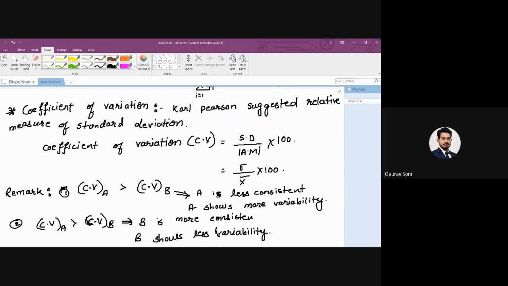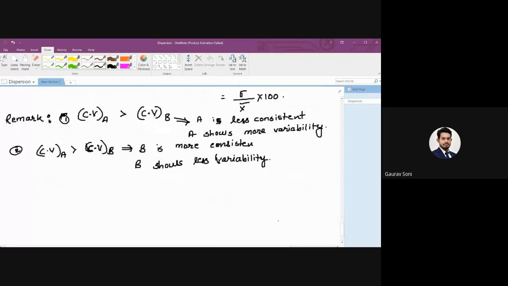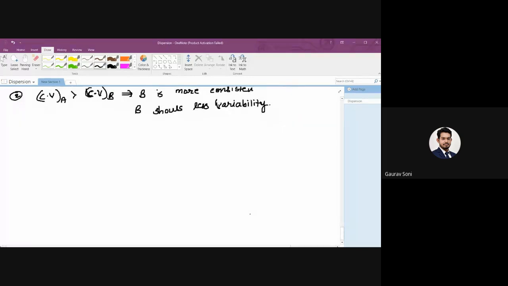Third one, what do you think the change of origin will make an effect? So, properties of variance and standard deviation.